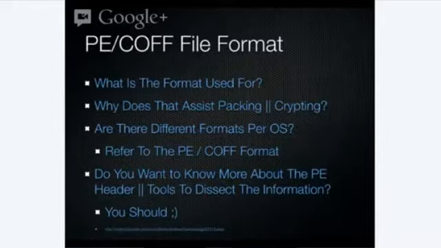So a little bit about the PE file format. The file format, and what it's used for, is the makeup of the files on Microsoft. The mirror of that in Linux is the ELF format, so there are packers for that as well, and it depends upon what you're actually trying to pack or dissect in the file format. Why does that assist in packing or crypting?